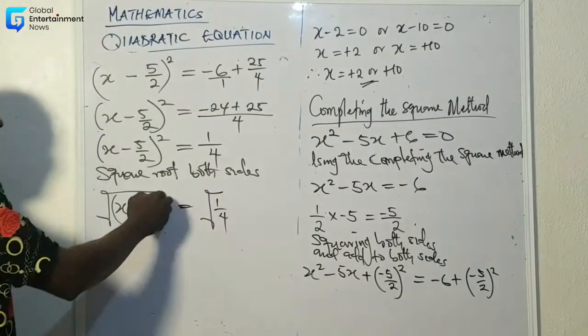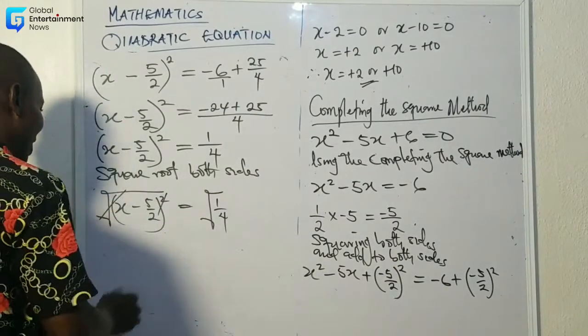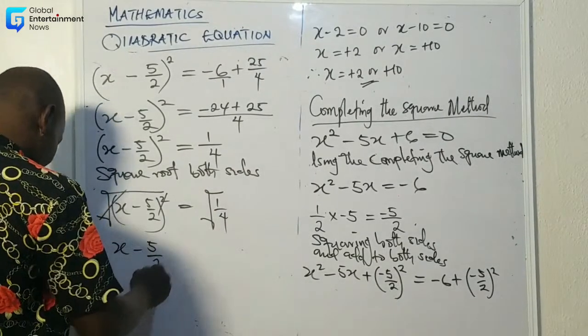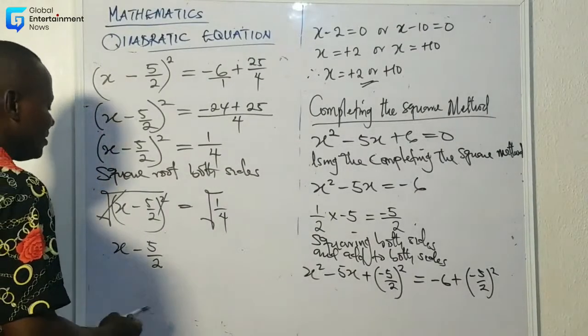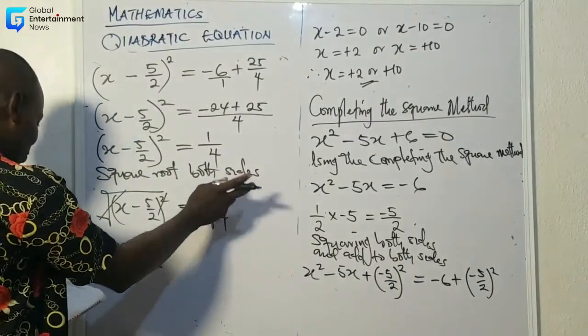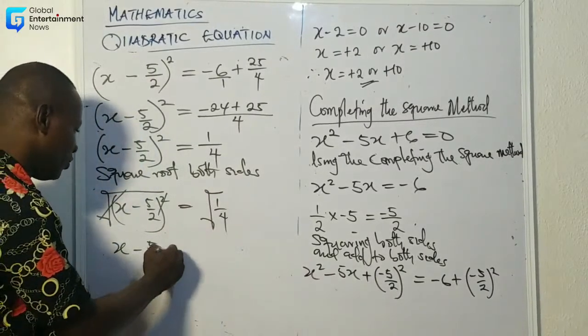This one we cancel this, and we have x minus 5 all over 2. That is what we have. Then next, if you look at this particular number, the square root of 1 all over 4 will give us what?